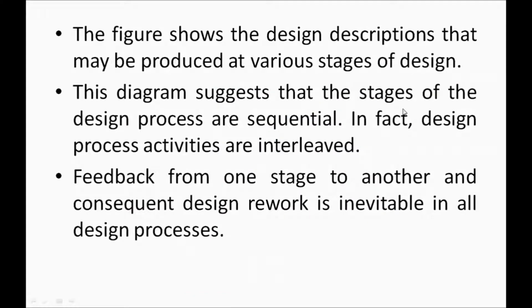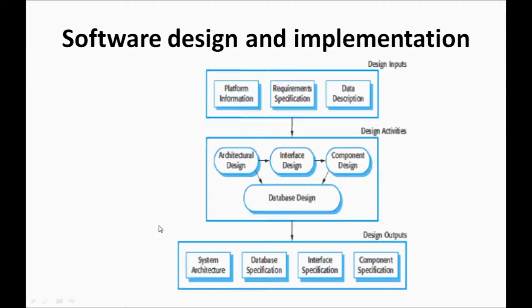So this diagram suggests the steps are sequential. In fact, design process activities are interleaved. And one more important thing, feedback from one stage to another is inevitable in all design processes. You can take the output of one phase as the input to another phase. Requirement specification output is the input to the design activity.